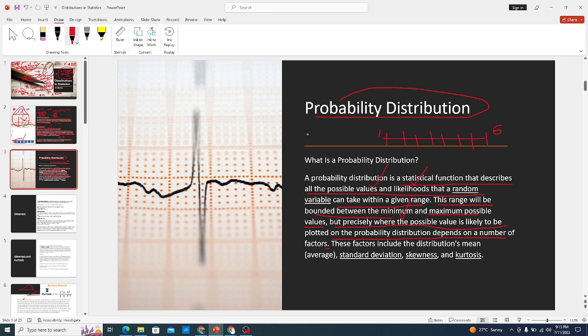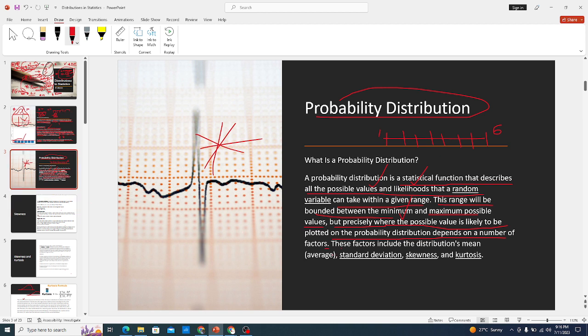The factors that contribute to the shape of a distribution, we have three major factors, in fact four major factors. It is the average of the values. We have also the standard deviation of the values. We have the skewness of the values, and also we have the kurtosis of the values.